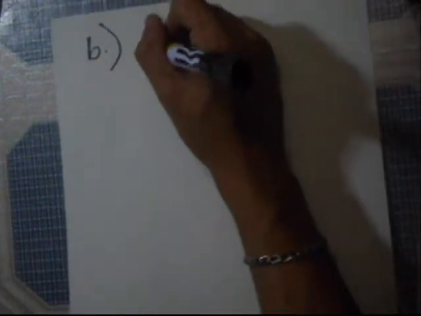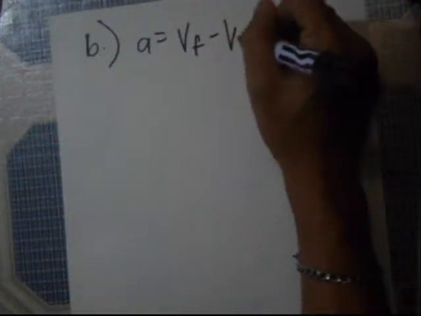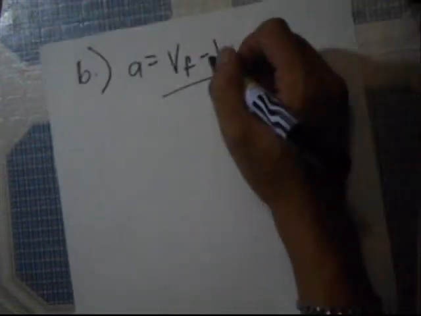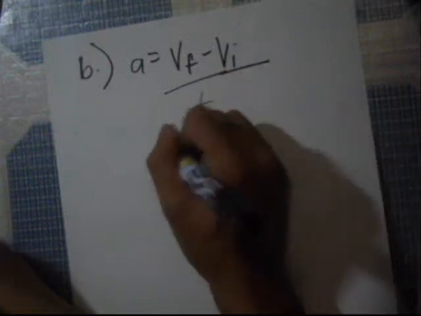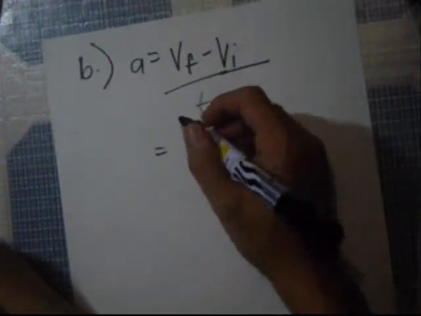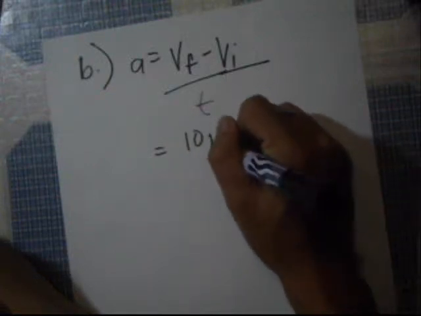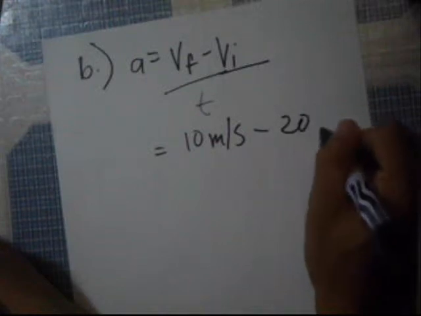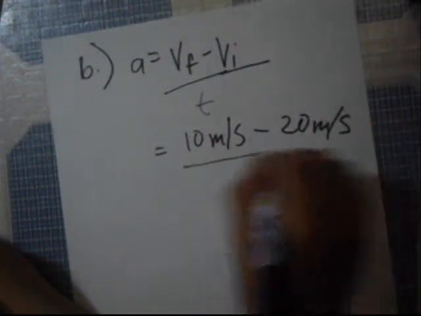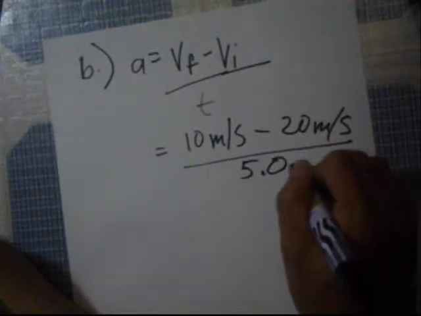So once again, formula of acceleration: final minus initial velocity over time, and we were given the final velocity as 10 meters per second minus 20 meters per second over 5.0 seconds.